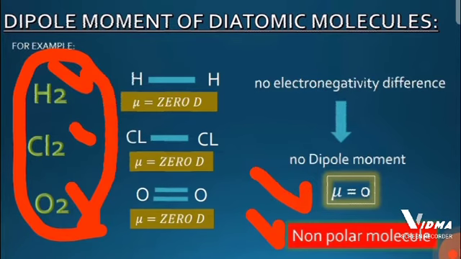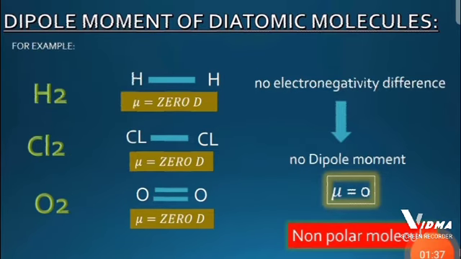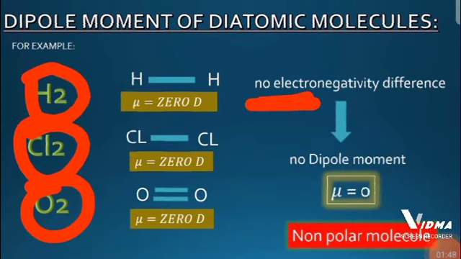Why are they non-polar? Polarity is not there, you cannot find any charge on these molecules. There is no charge difference, because there is no electronegativity difference. As the molecule is made up of two similar atoms, the electronegativity difference is 0.